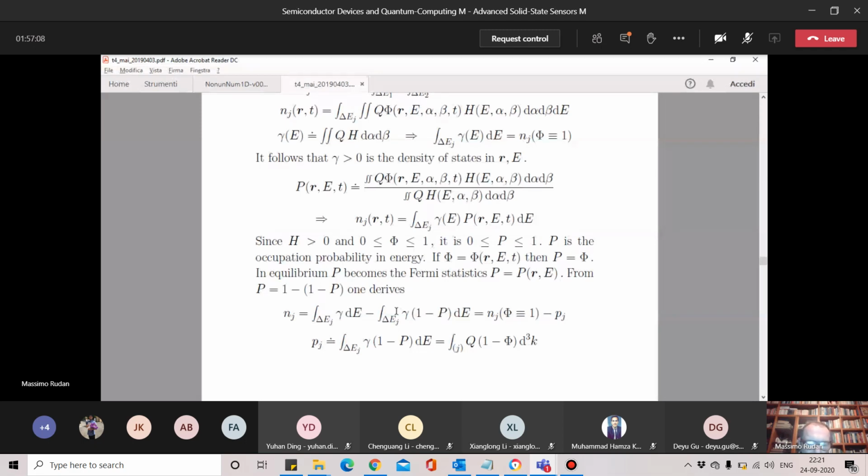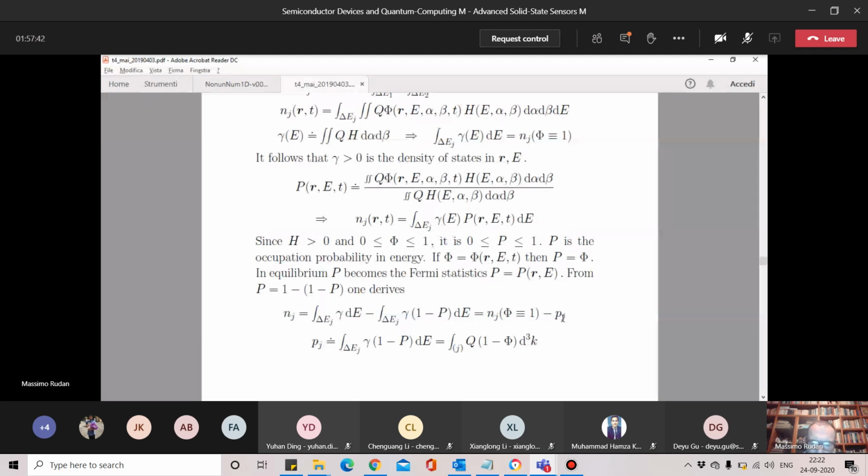The empty states are called holes, and the concentration of the holes is indicated with symbol P. So Pj is the concentration of the holes of band number J. Holes are indicated with P because in the dynamic situation they behave like positive particles. So this is the reason of the P.